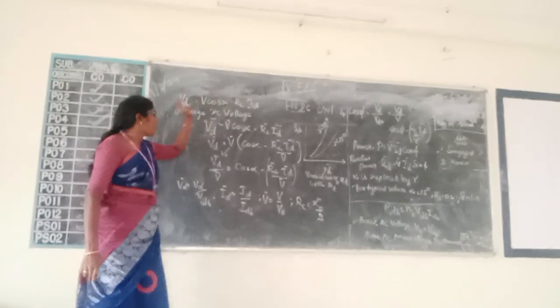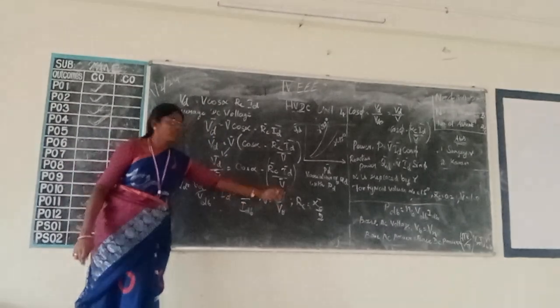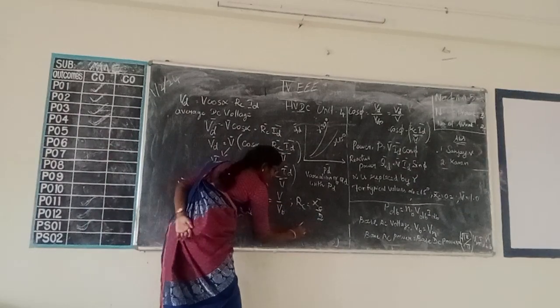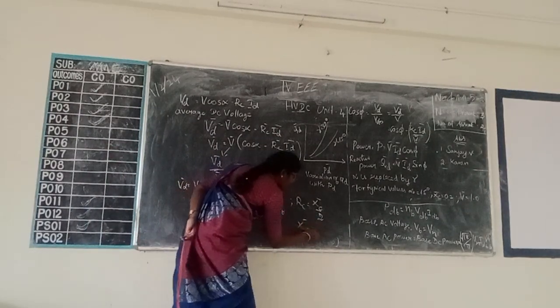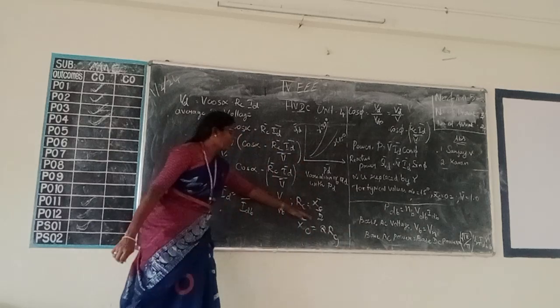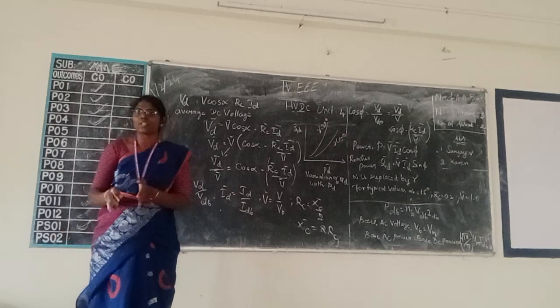So what is the relationship between RC and XC? RC will be 2 times XC, and from that I am taking that RC is equal to XC, that is the leakage reactance.